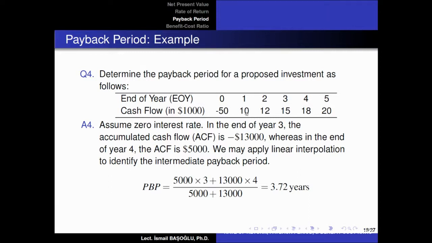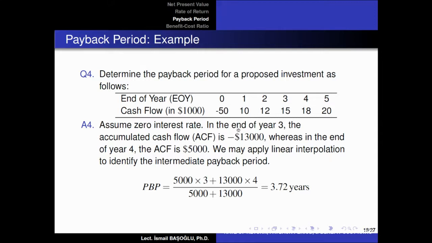So $22 will be recovered, and $28 will be remaining. I will get $15 at the end of the third year, and my cumulative cash flow will be minus $13,000 at the end of the third year. Still the initial investment has not been recovered yet. There's still $13,000 of the initial investment that is not recovered.